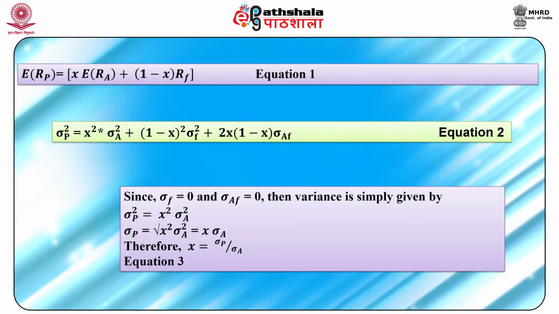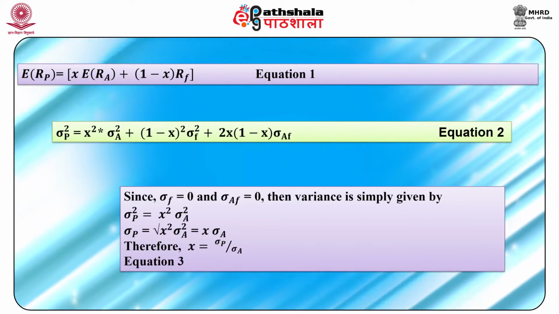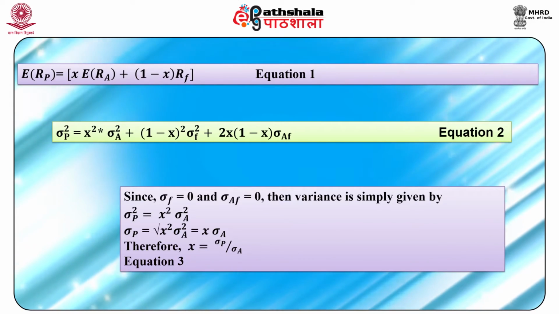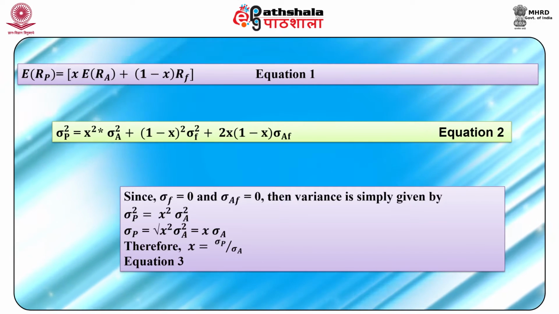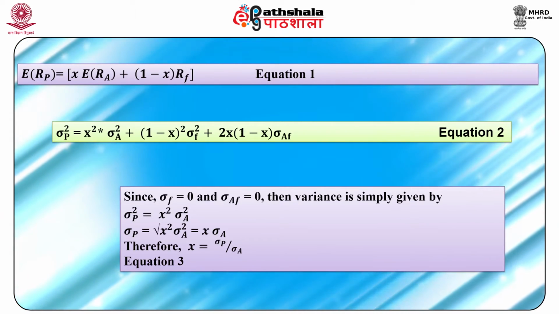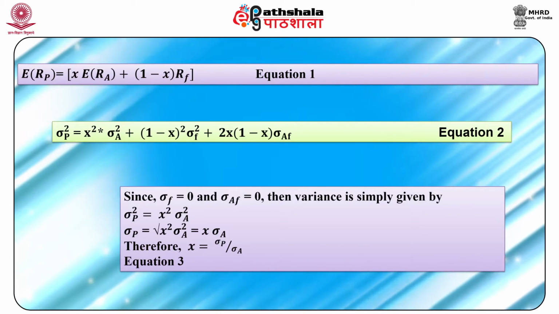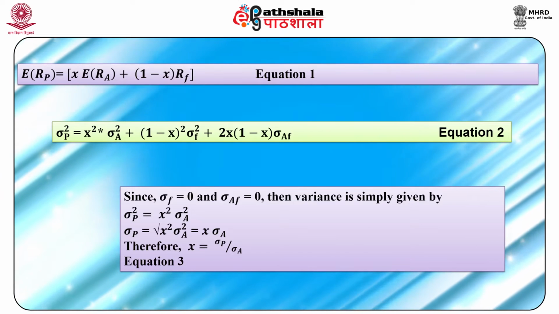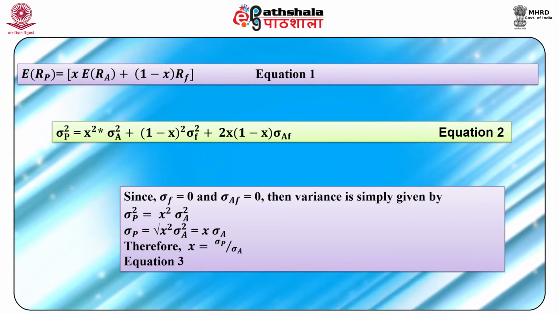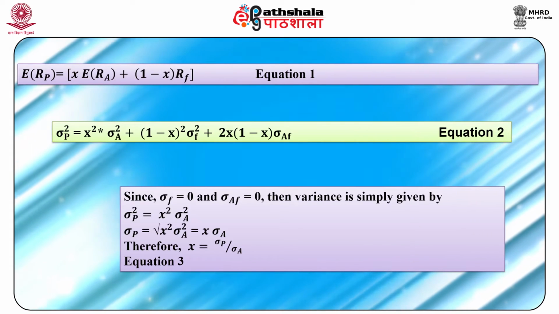This is equation A, and equation 2 or equation B will be sigma square P equal to X square sigma square A plus (1 minus X) whole square sigma square F plus 2X(1 minus X) sigma AF. This is equation 2.